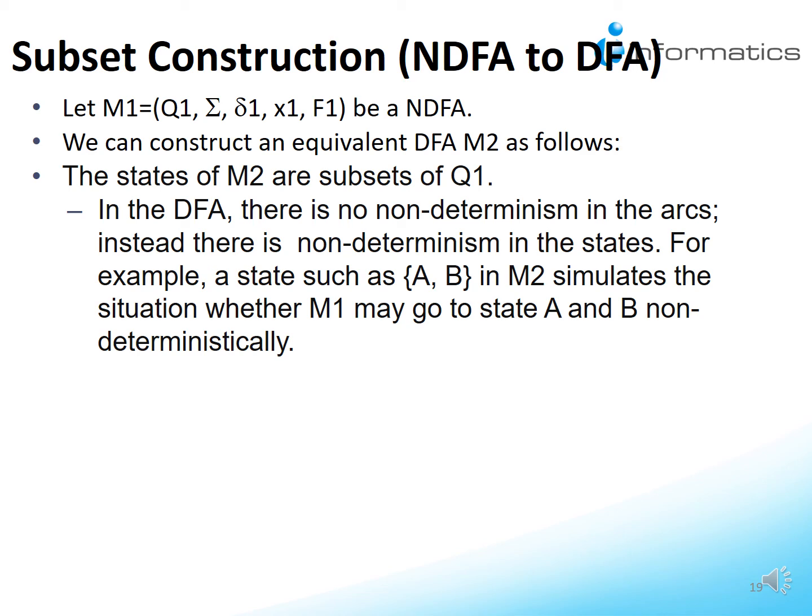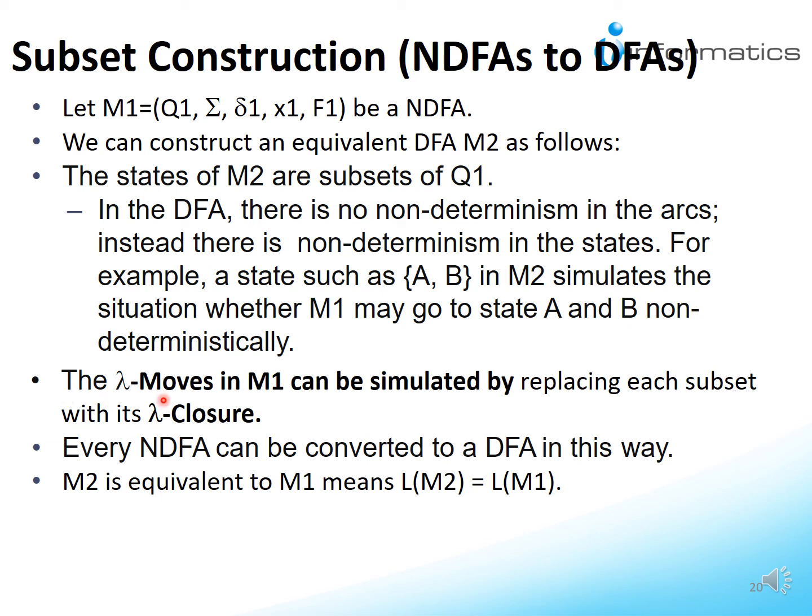For example, a state such as {A, B} in M2 means machine M1 may go to state A or B non-deterministically. In other words, M1 can be in states A and B simultaneously.